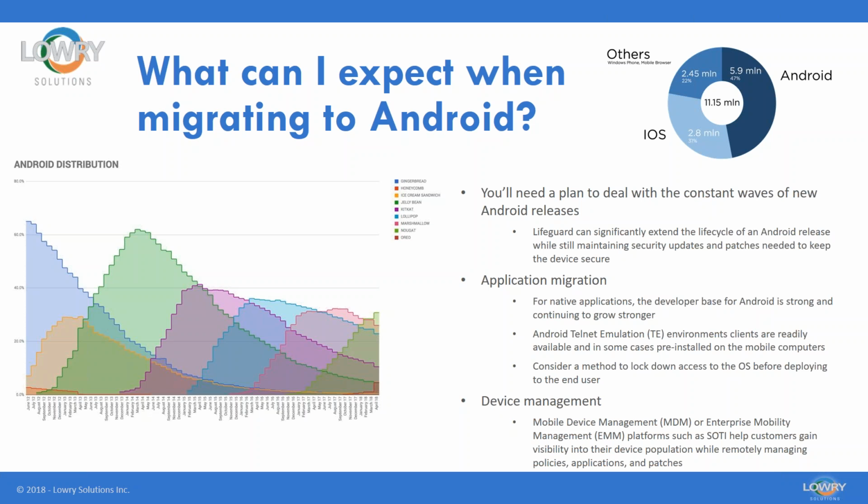On the slide here, we talk about application migration. We're going to talk about that in the next few slides, but the good news, and you can see it in the chart in the upper right, is that the pool of Android developers is healthy and growing. It's pervasive in the industry. Android's everywhere now, and developers are catching on.